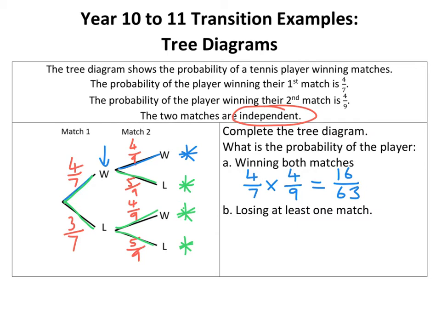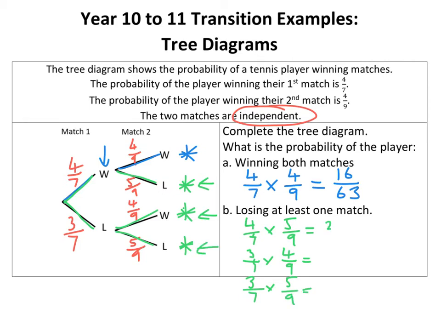So the first one, 4/7 times 5/9, that's this one here. Then 3/7 times 4/9, that's this one here. And then, what's the last one? 3/7 times 5/9, which is this one here.